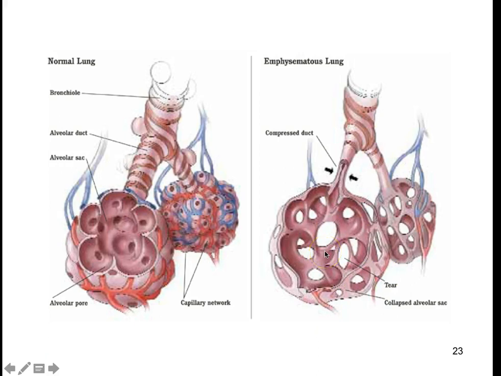So this is where you're going to have the most damage. And you're also going to have some constriction of the terminal bronchi or bronchioles. So needless to say, that alveolus that you're looking at right now is totally useless. It's gone. It can't be replaced. And that person has lost permanently a certain amount of respiratory capacity.